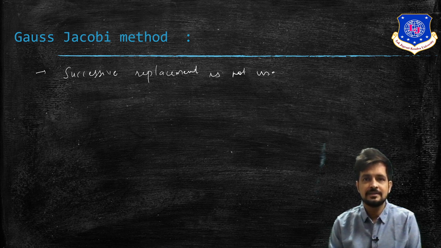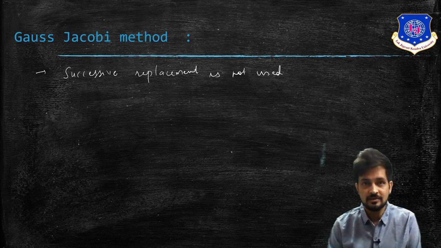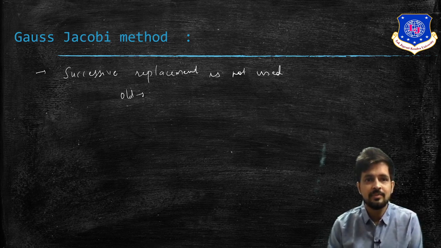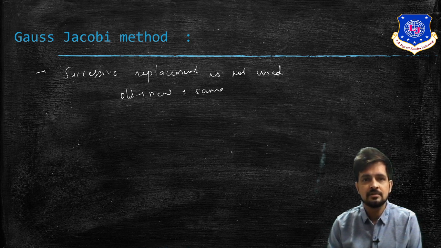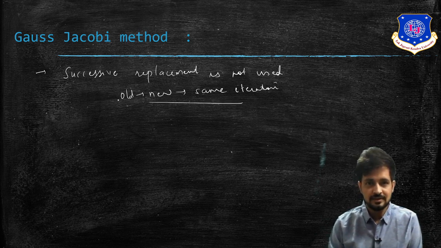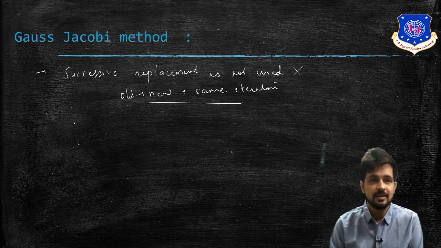What is the meaning of successive replacement? The old value is replaced by the new value in the same iteration. That is known as successive replacement. But in Gauss-Jacobi successive replacement is not used, so this method is slower compared to Gauss-Seidel.